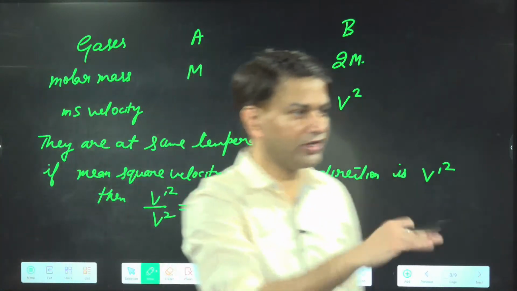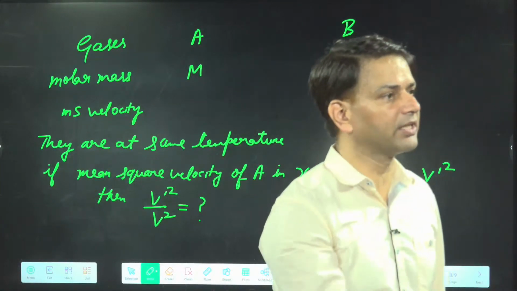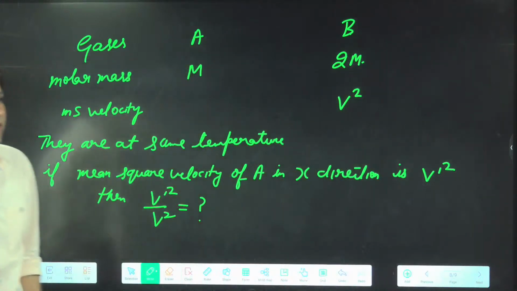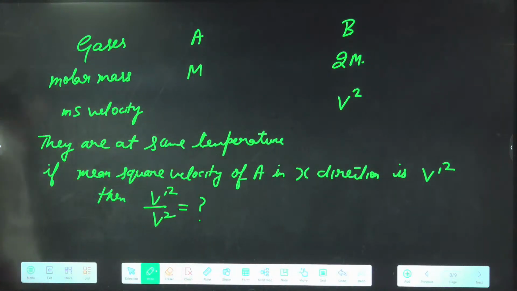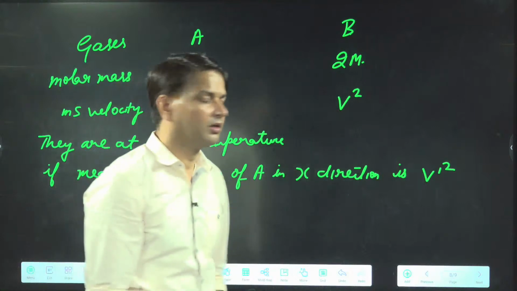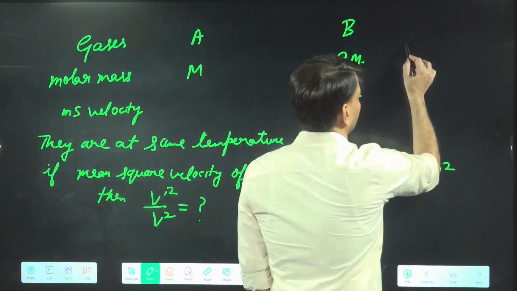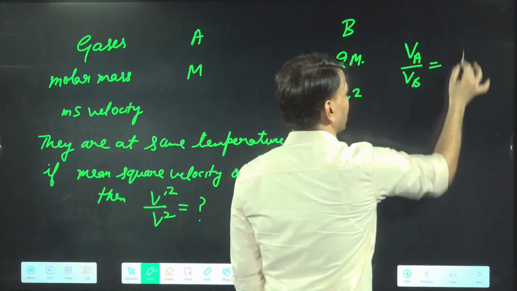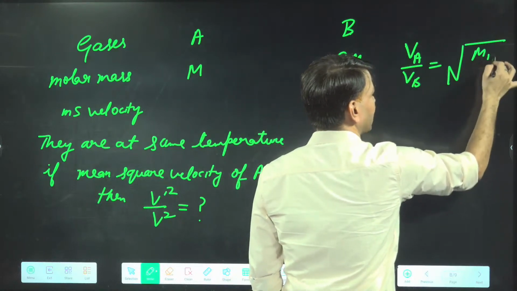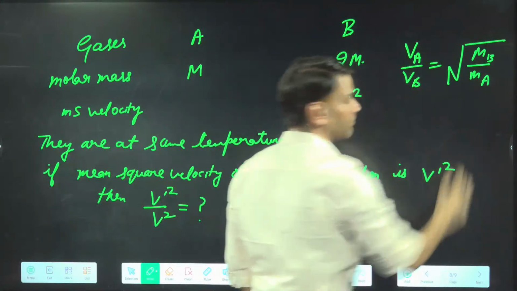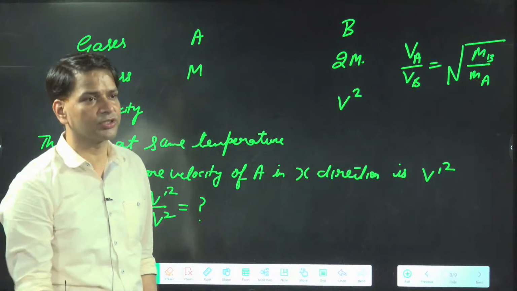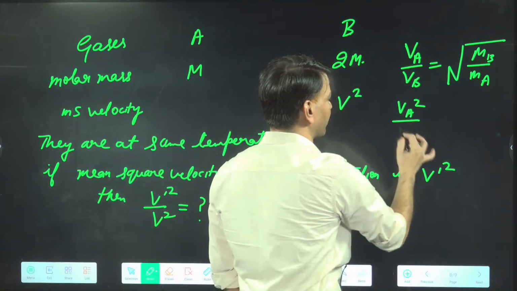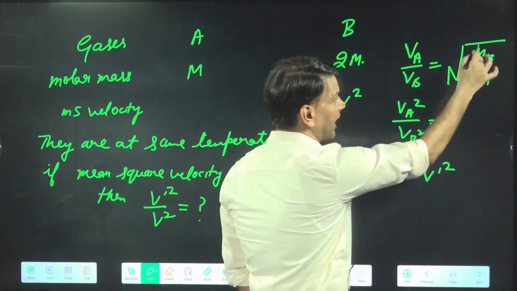In terms of V square, directly you can say, because temperature is same, molar mass data I have given. So in terms of V square, what is the mean square velocity of A? Velocity of A upon velocity of B, you can say under root of molar mass of B upon molar mass of A, because it is inversely proportional to under root M. So mean square I am asking, so VA square upon VB square is MB upon MA.